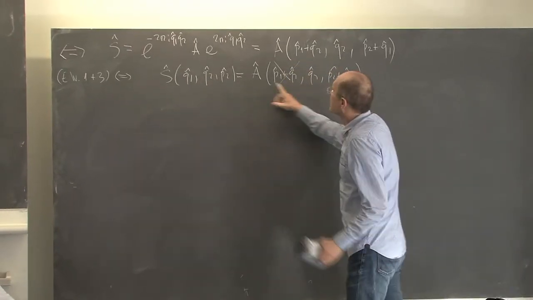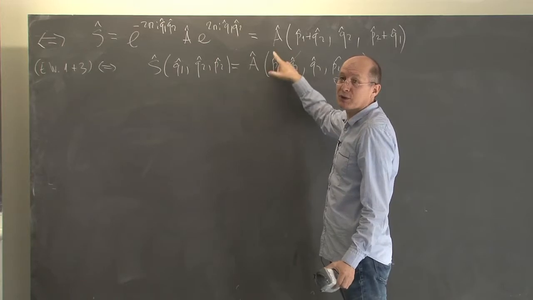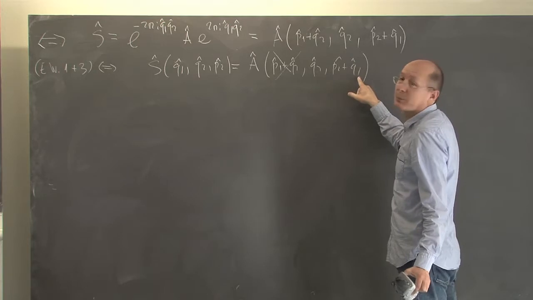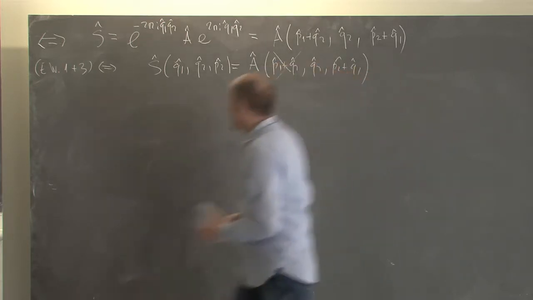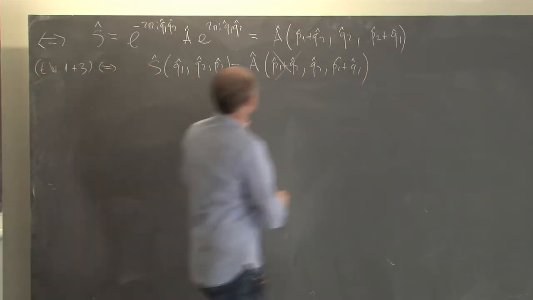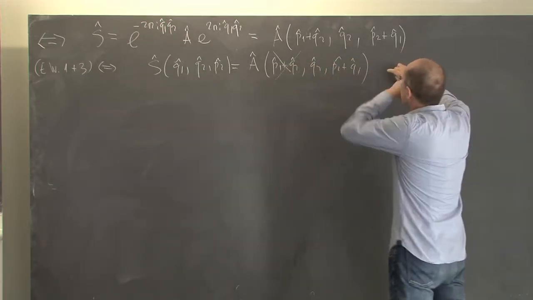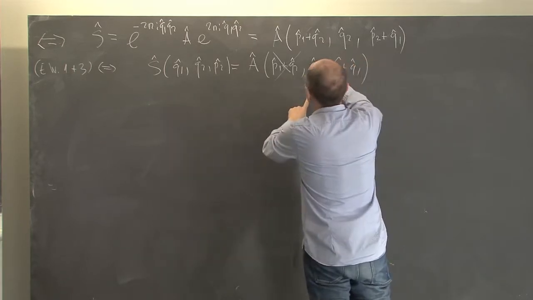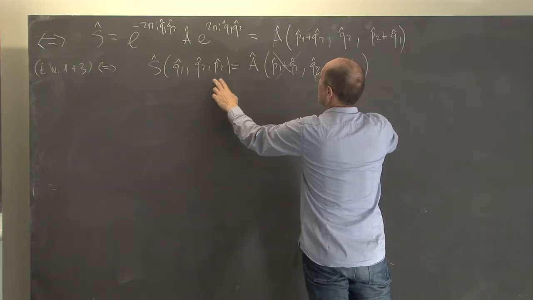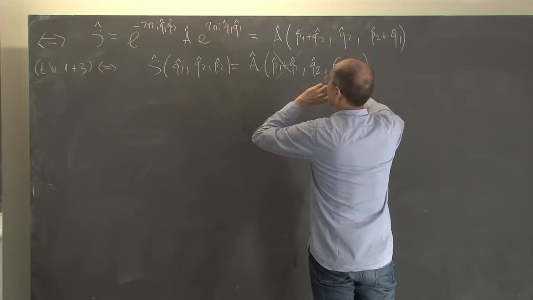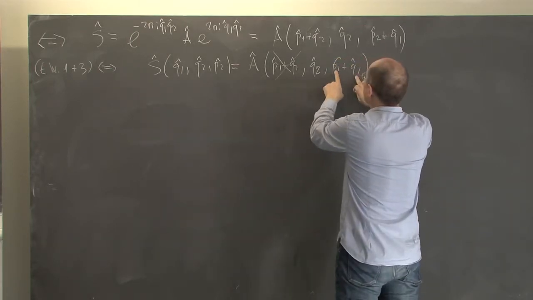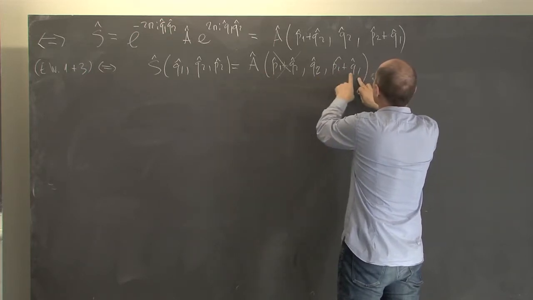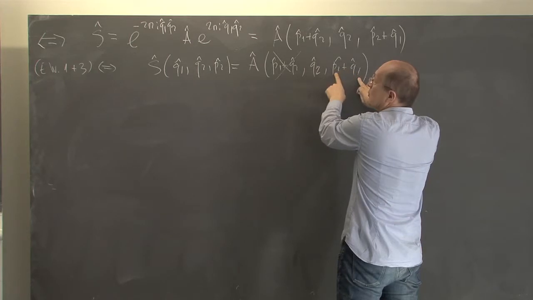At least this does not depend on P1, right? So we cross out P1, but we cannot cross out Q1 because Q1 shows up elsewhere. Then we want to achieve a structure where P2 enters the dependence only through the combination Q1 plus P2.